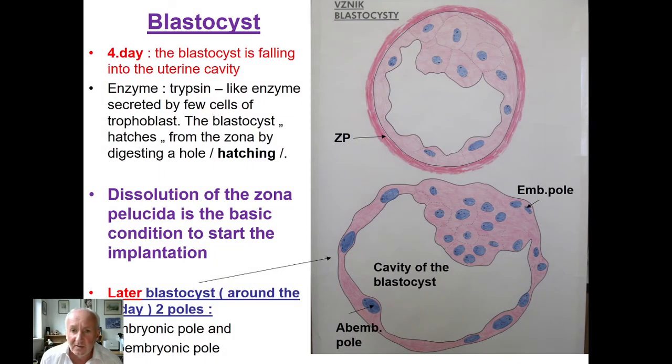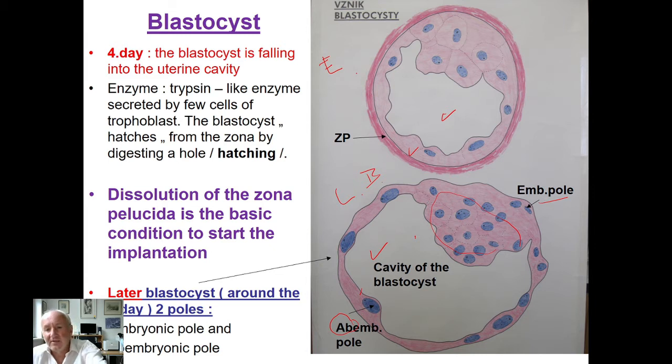Scheme of a later blastocyst. You see zona pellucida is not around anymore. Embryoblast we see on a pole which is called the embryonic pole. The opposite is the abembryonic pole. The cavity of the blastocyst is present, of course, in both early and later blastocyst.